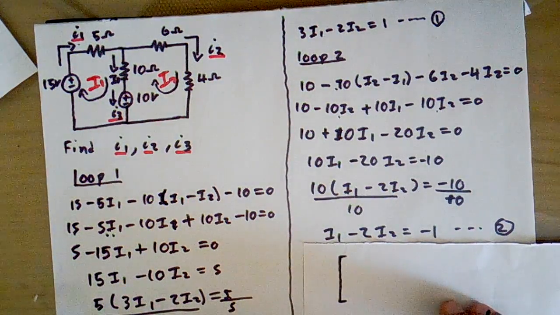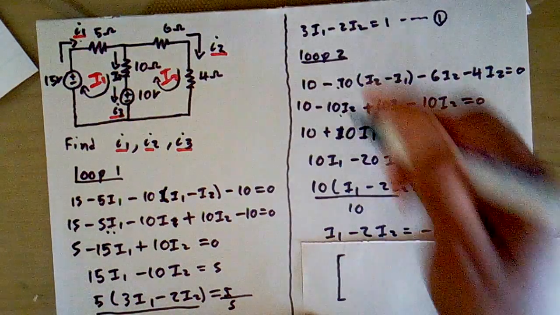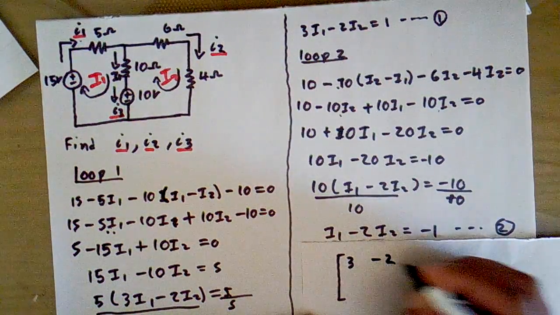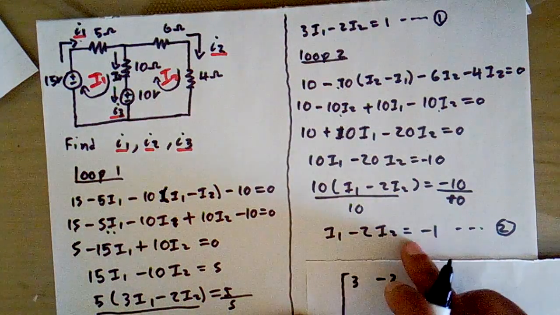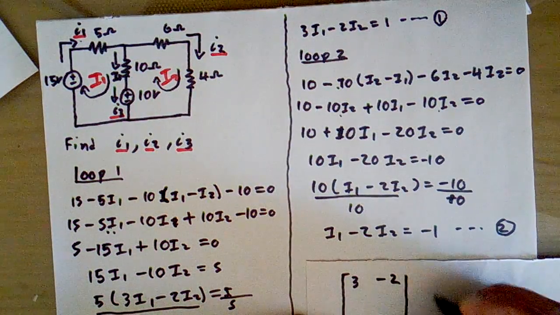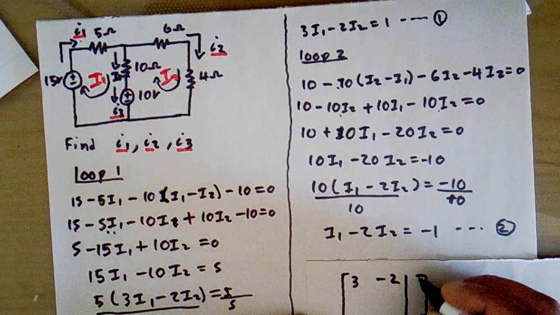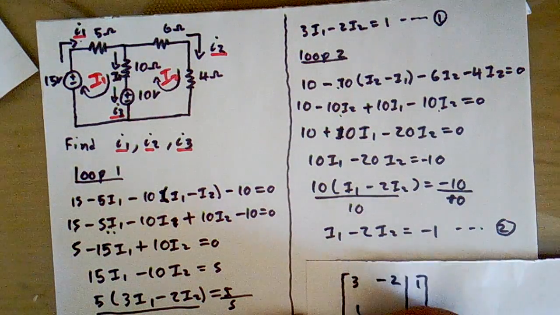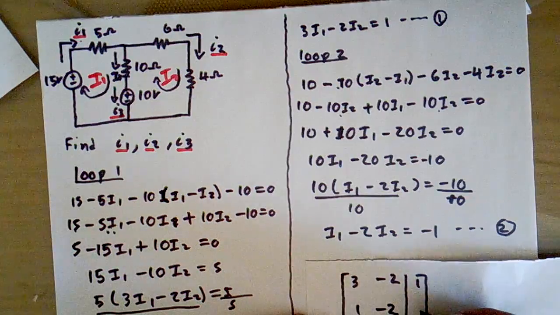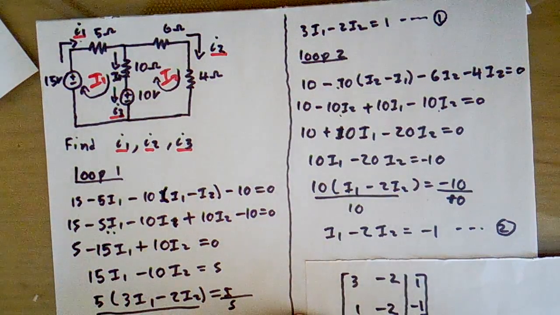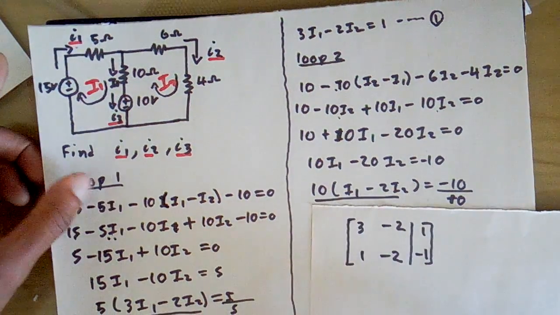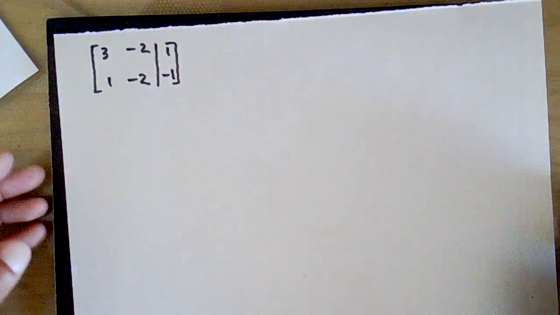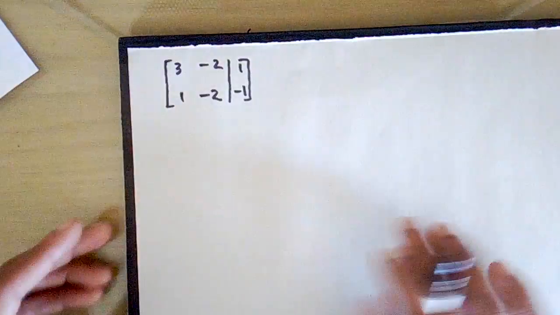Looking at our equation 1, this is 3 and negative 2, and equals 1. Looking at our equation 2, you have 1, negative 2, and equals negative 1. This is our matrix. So we're going to use Cramer's rule.